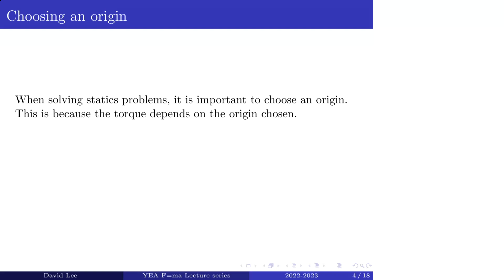The point is, if we choose the origin to be the pivot, it would be easier for us to solve the problem, because we wouldn't have to worry about any of the forces that act at the pivot.